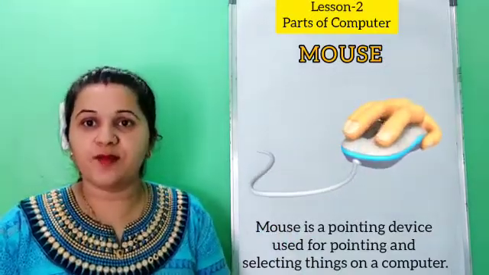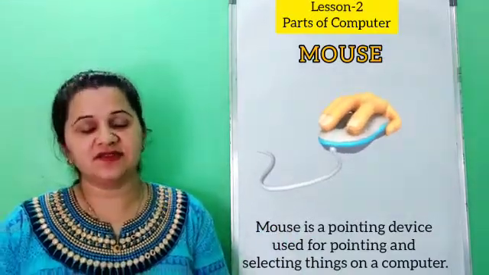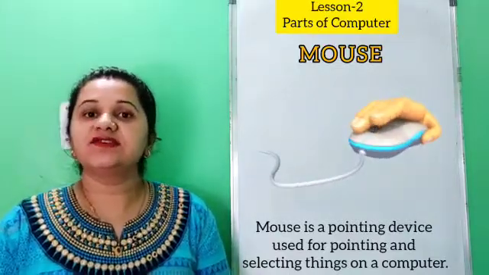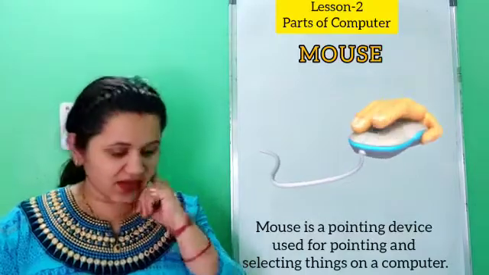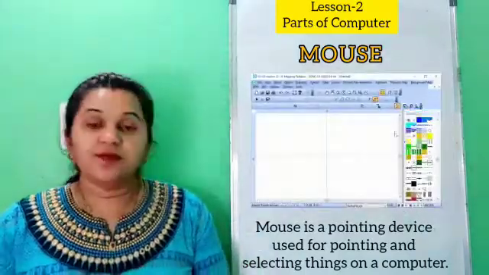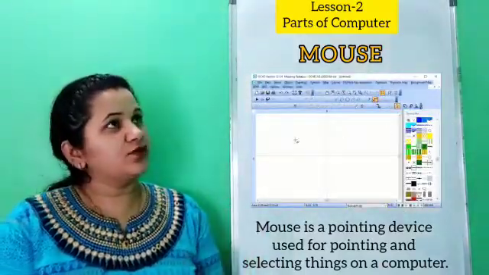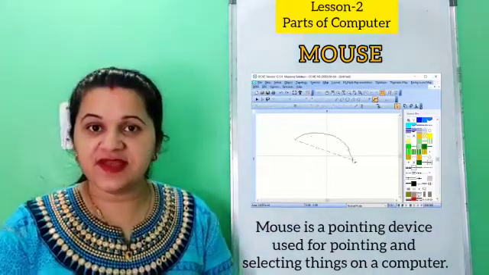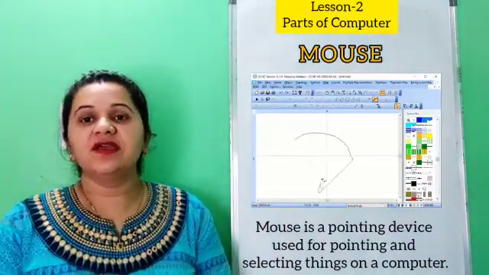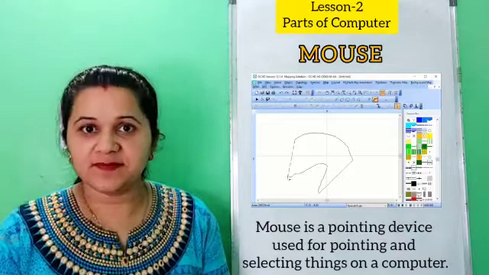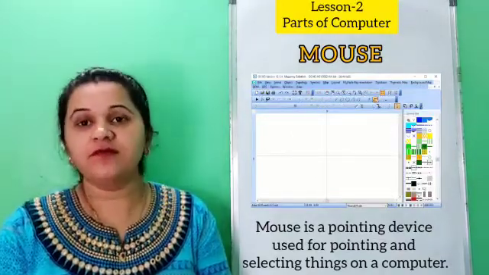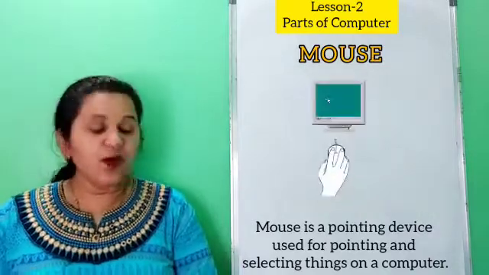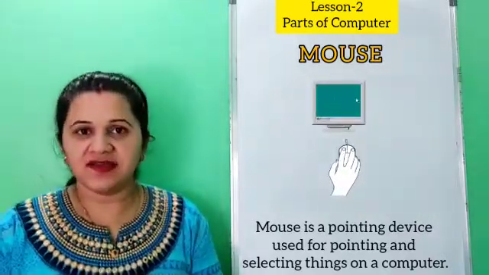I would require a pointing device. Yes children, mouse. So mouse is a pointing device. We can also draw pictures with the help of mouse. If I open MS Paint software, then you can draw pictures with the help of mouse.